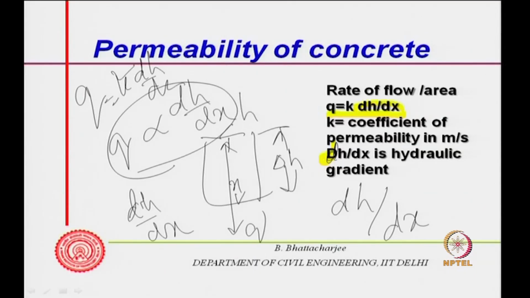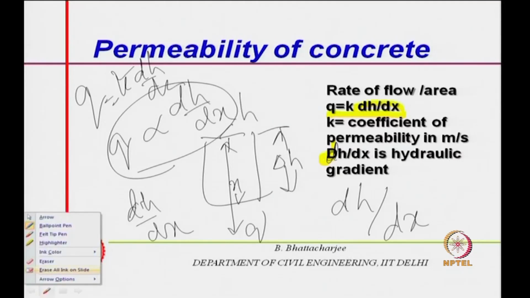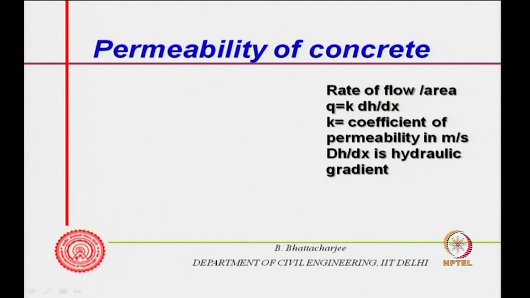It is analogous to thermal conductivity, or the diffusion coefficient that we talked about in case of steady condition. Therefore, for a given hydraulic gradient, flow is proportional to k. So, more k means more flow, less k means less flow.